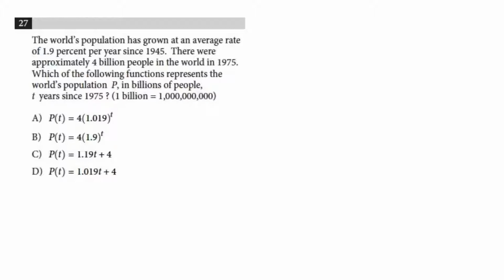Okay, so this is an exponential function. You should know that you have a times b to the x, where a is the starting value, b is the growth rate, or the constant multiple, the common factor, and then x would be your input, in this case years.